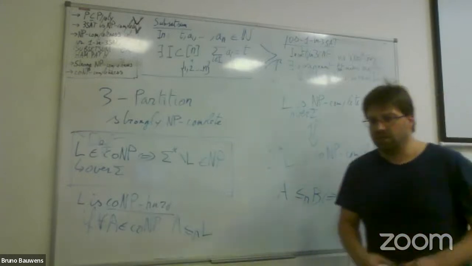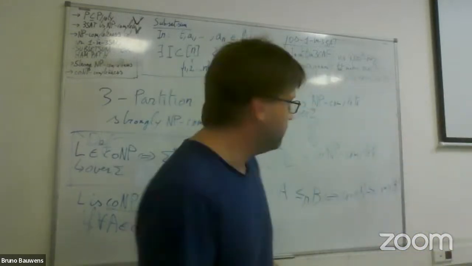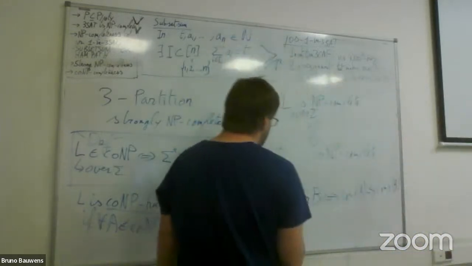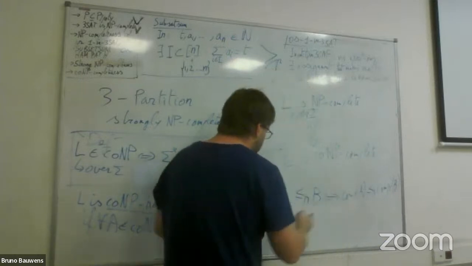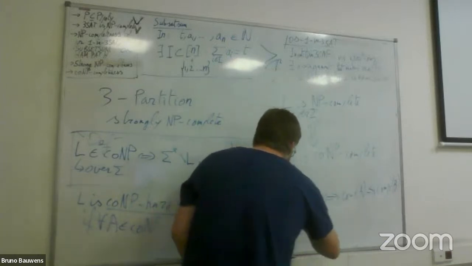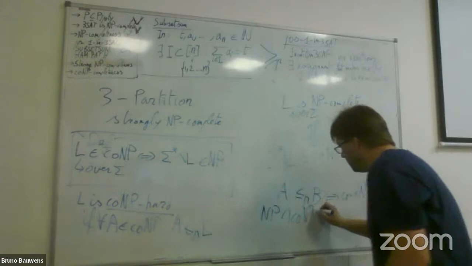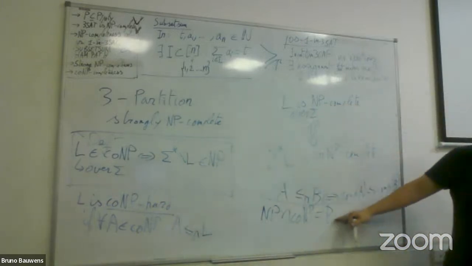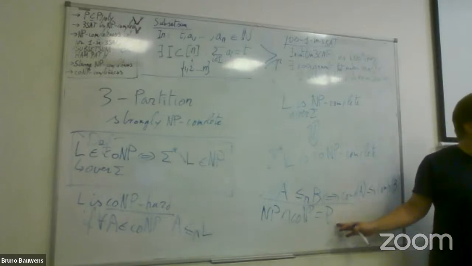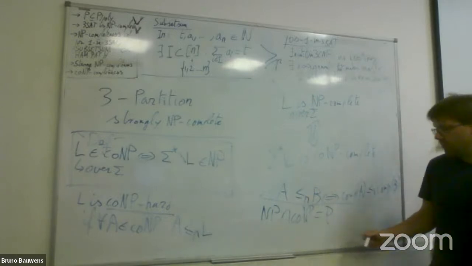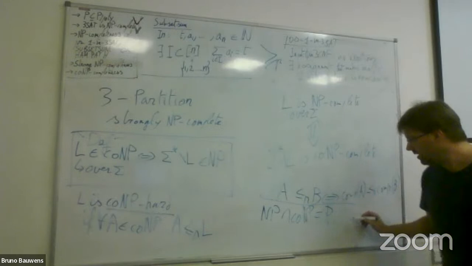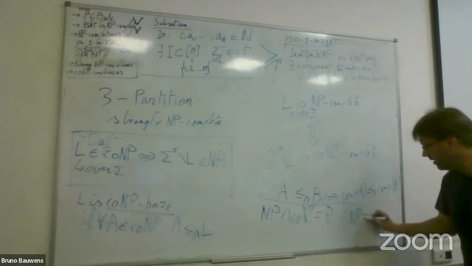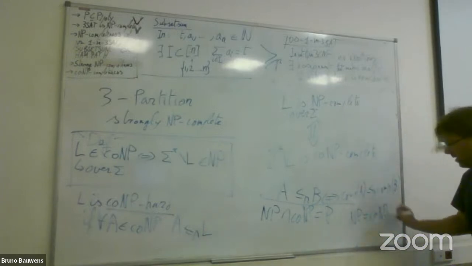And so, okay, I should stop. But there is the problem of whether NP intersect co-NP equals P. This seems to be a hopefully difficult problem. But also whether NP equals co-NP.